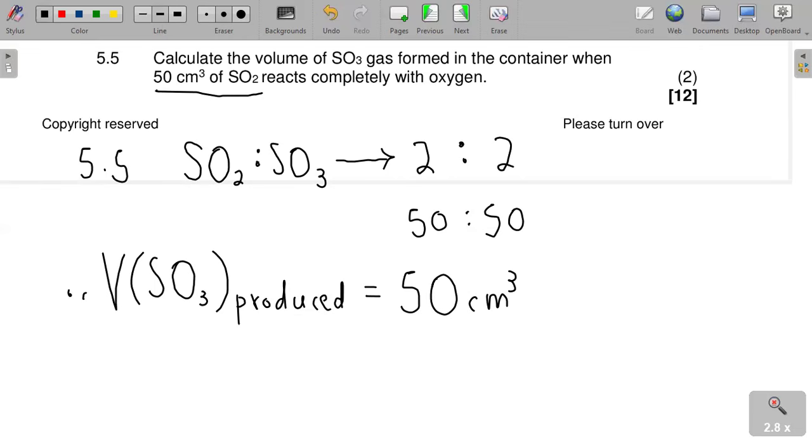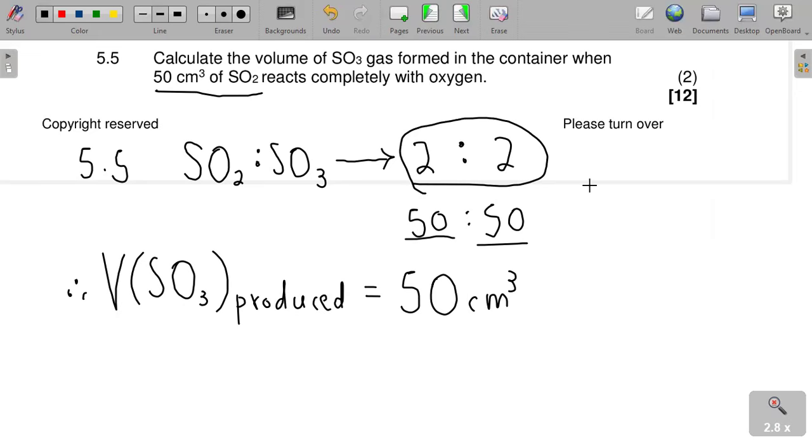We just use the ratio of the two gases, sulfur dioxide and sulfur trioxide. If they have the same ratio, they'll have equal volumes. If sulfur dioxide is 50, sulfur trioxide will also be 50, because the ratio is 2 and 2. So that's it.